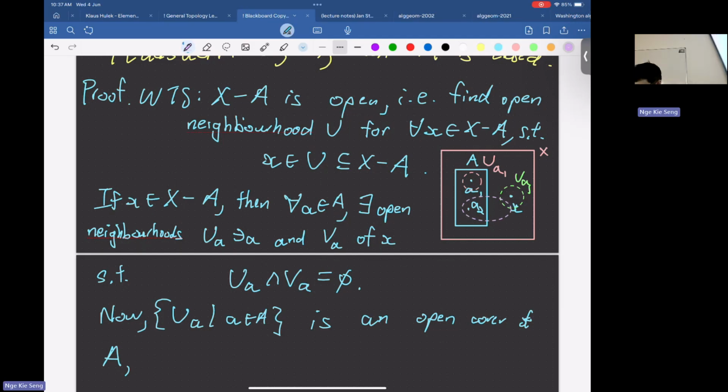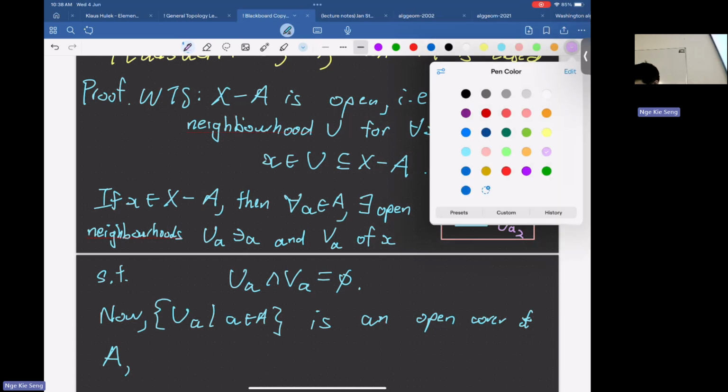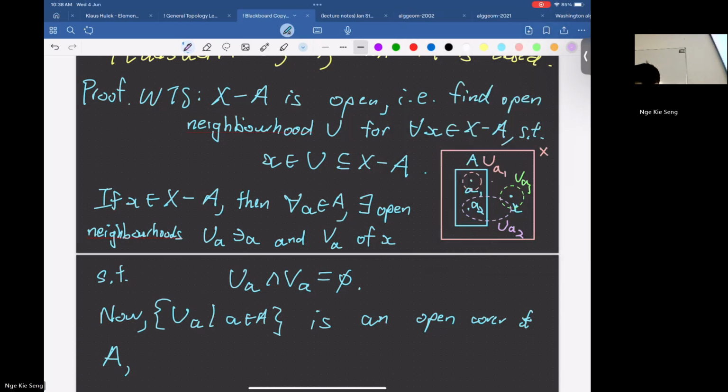In this case, we should pick a different V_a2 now. So our V_a2 maybe looks something like this.